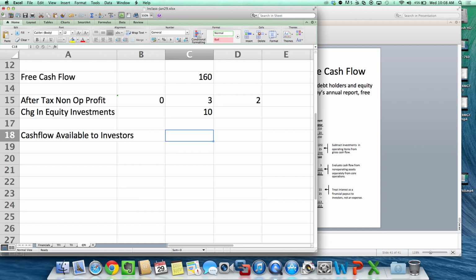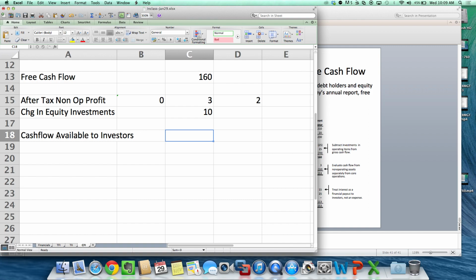If we take $3 million of after-tax non-operating profit, does that add to what we can pay out to our investors, or does that take away from what we can pay out to our investors? It adds. If we spend $10 million on new equity investments, does that add to the CFI or take away from the CFI? If we buy more stakes in other companies, it reduces the cash that we can pay out.